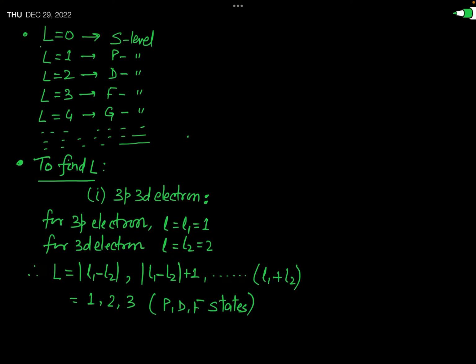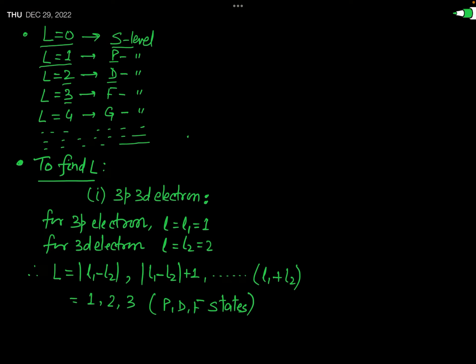In fact, if L is equal to 0, that represents the S level. If L is equal to 1, that level is called the P level. L equal to 2, this is the D level. L equal to 3, F level. L equal to 4, G level, and so on.